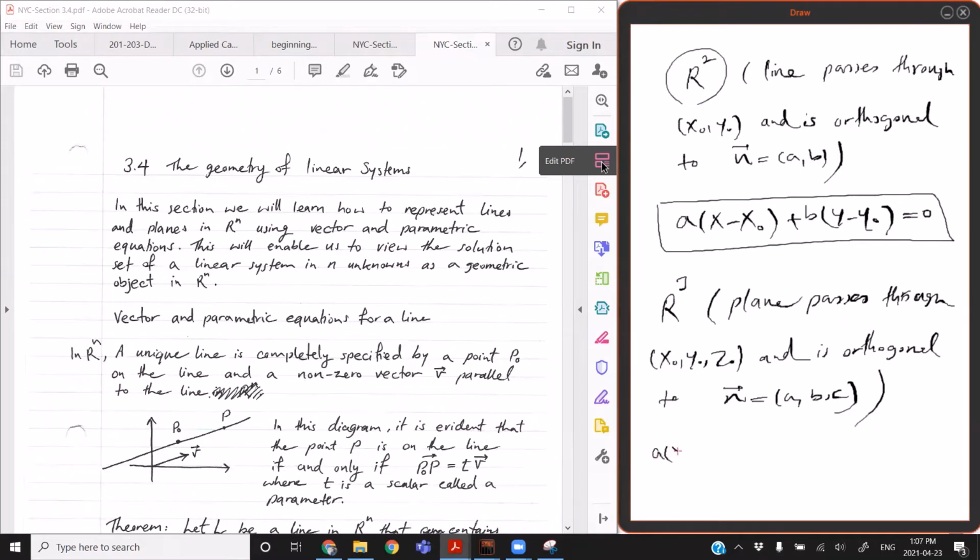It has the form a times (x minus x0) plus b times (y minus y0) plus c times (z minus z0) equals 0. Basically, we use orthogonality to figure out these formulas.